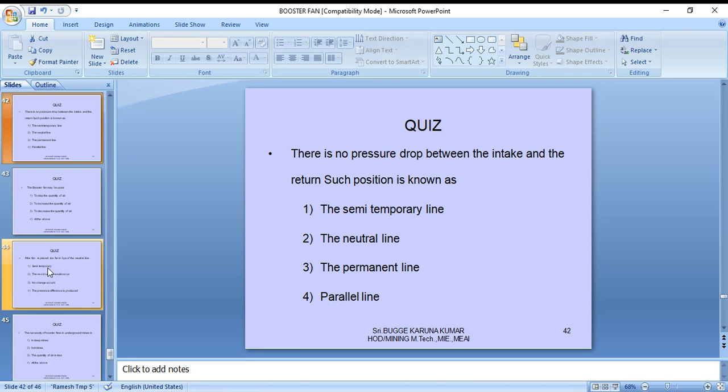There is no pressure drop between the intake and return, and such a position is generally called a neutral line. Second answer is correct. Neutral pressure drop, which is where there is no falling between intake and return. Such location is called the neutral line.